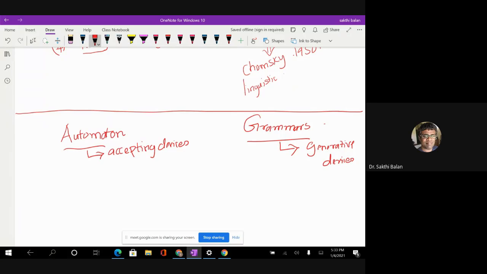In automata, we will be looking at four types of automaton. One is called a finite state automaton. Second is called a push down automaton.